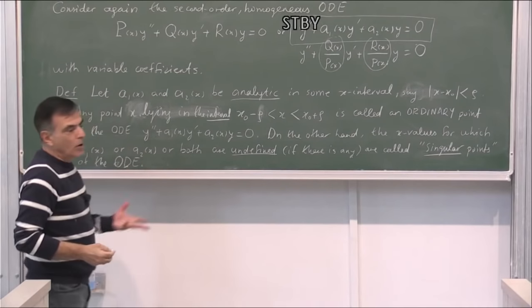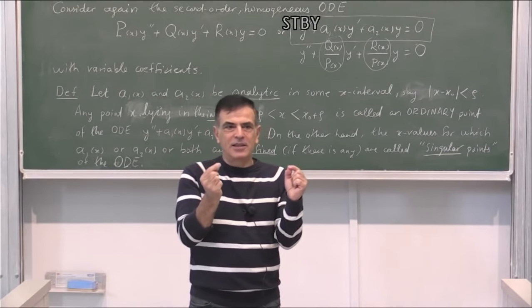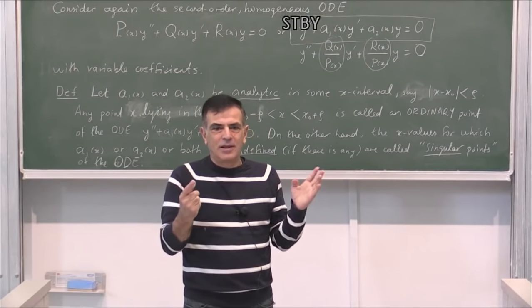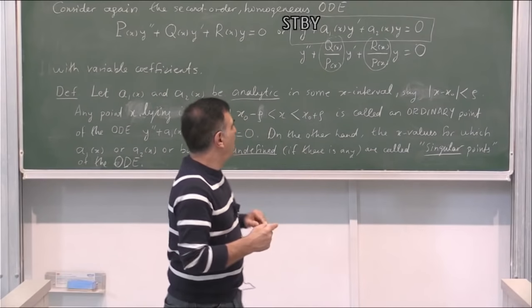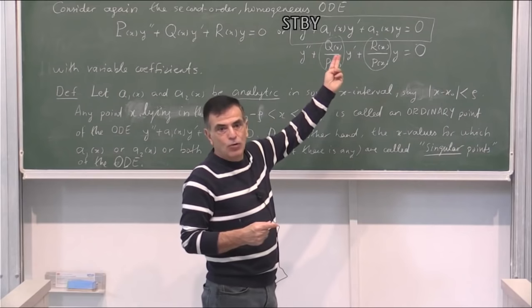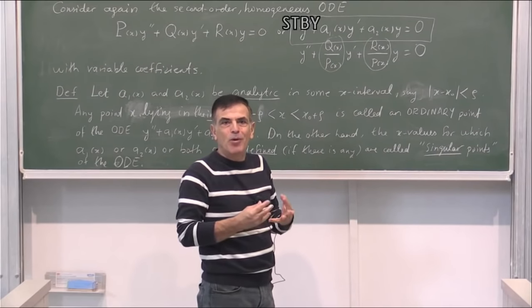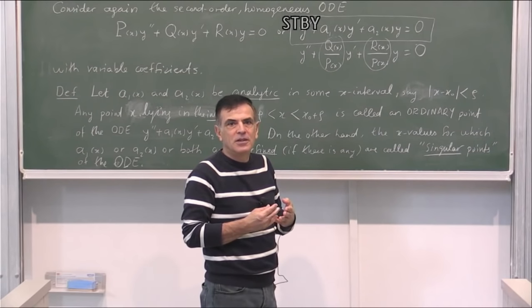So in other words, if a point x is not a singular point, and if it is a number where a1 and a2 are both analytic, then it is called an ordinary point of the differential equation. Okay?